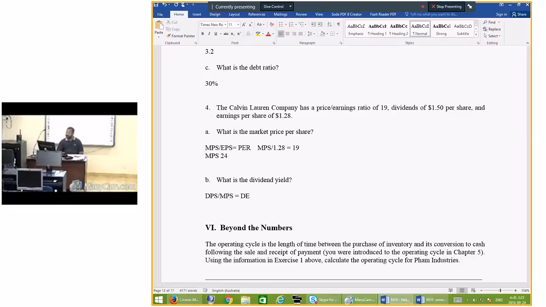Dividend per share we know exactly, 1.5, divided by MPS 24, is equal to dividend yield, 0.06, or as a percentage, 6%. I just put the percentage multiplied by 100, okay? Otherwise, put 0.06.